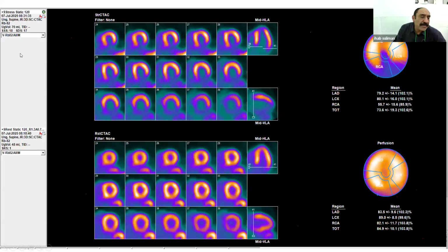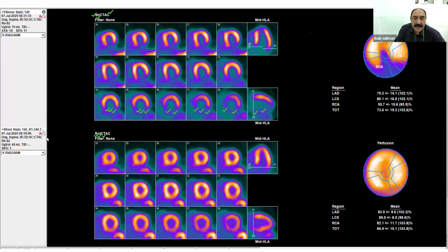So in the above row, this is called stress, and in the bottom, this is called rest.